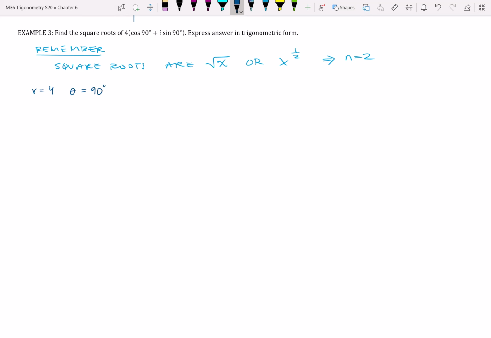So all we have to do is plug it into our previous theorem, the nth roots theorem. So let me just remind you of what that theorem says.